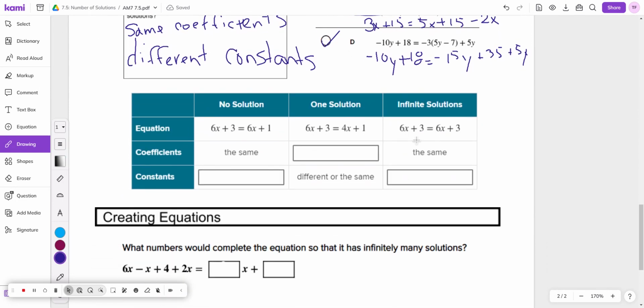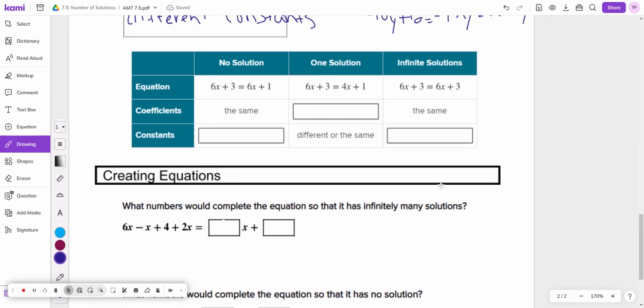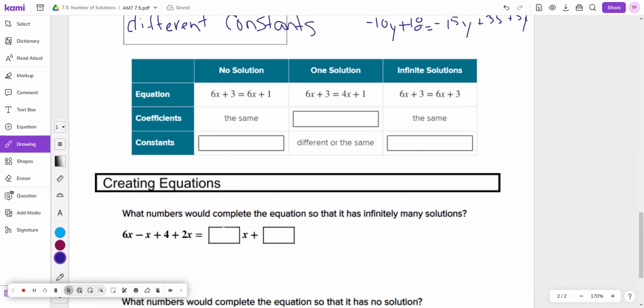Okay? Alrighty. So let's take a closer look at this, recap everything, and summarize it onto one little chart. If we have no solution, there's a really good example right here. No solution, we're going to have the same coefficients, but different constants.